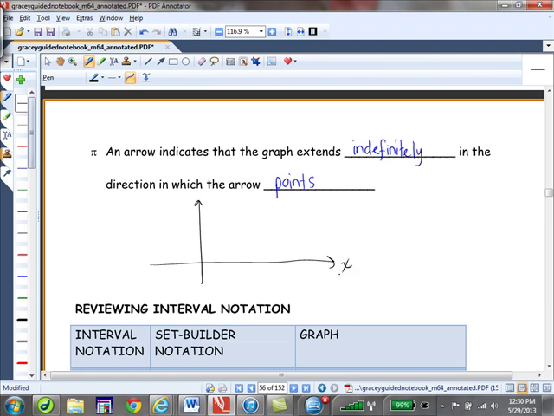If we call this x and this f of x, let's just say that our graph went something like this. And this actually is called a piecewise graph.